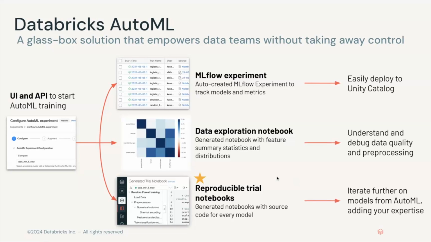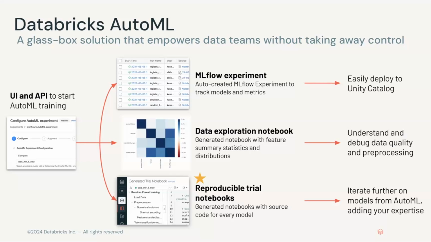The other thing I want to highlight over here is that, as you're aware, we have Unity Catalog, which is our governance layer, not just for your data or your tables, but also for your models. So in the end of this cycle, you can easily deploy your model into Unity Catalog, and then start drawing inference either in batch mode, or in case you want to serve in real-time mode, you could do that as well.